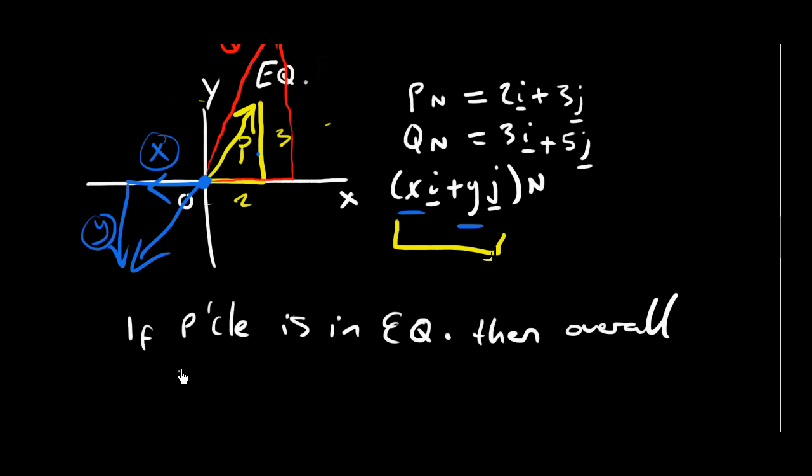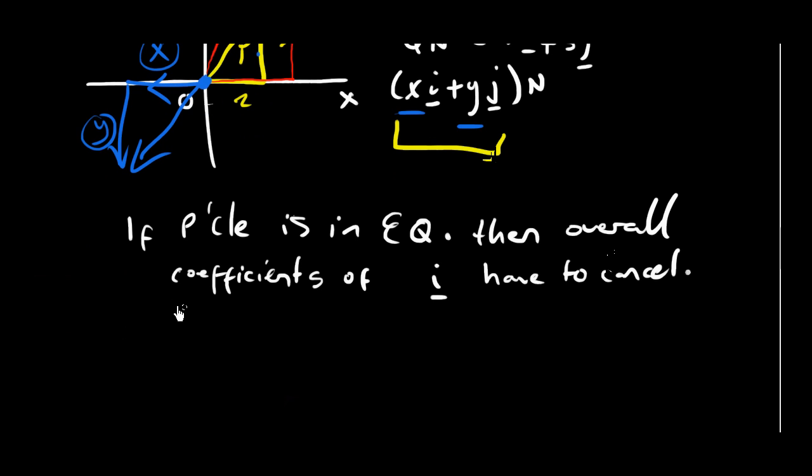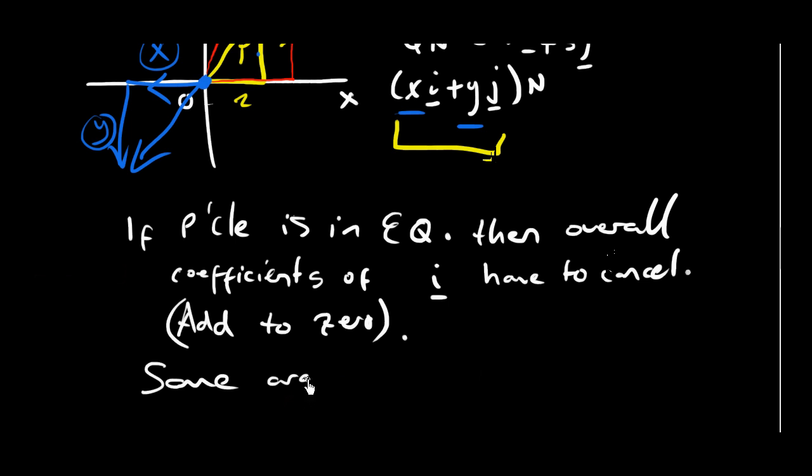So the overall coefficient of i, the coefficient of the direction i, have to cancel, and therefore they add up to 0. The same argument is true for j coefficients.